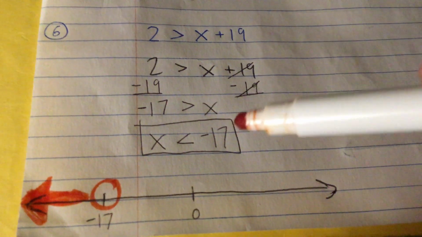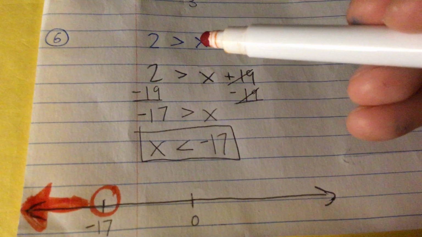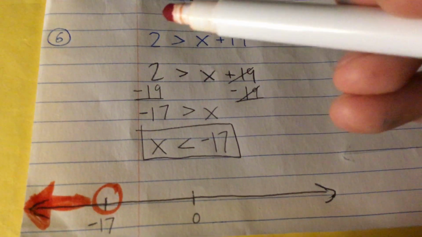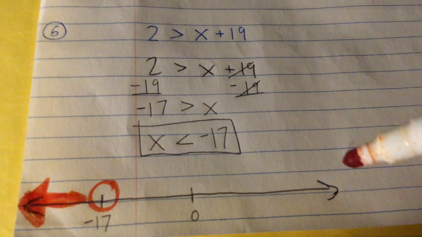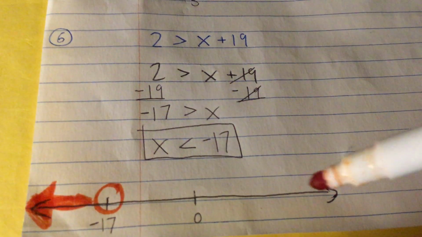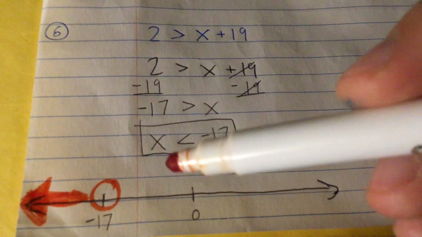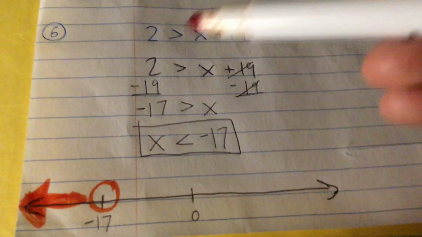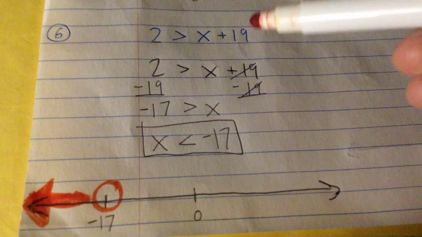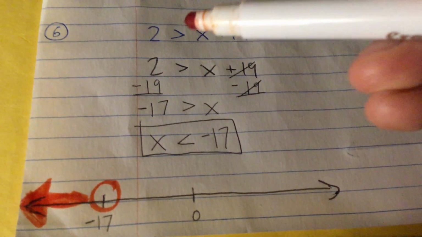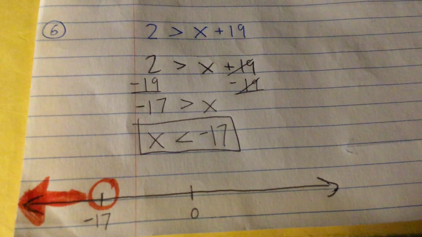Let's go with -18. -18 plus 19 is 1. 2 is greater than 1. That's true. So therefore, it's part of the shaded region. -17 itself. -17 plus 19 would be 2. 2 is greater than 2.